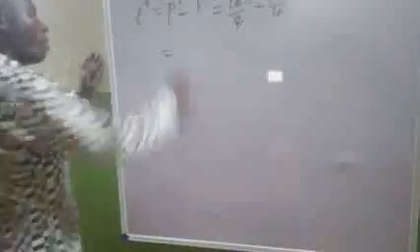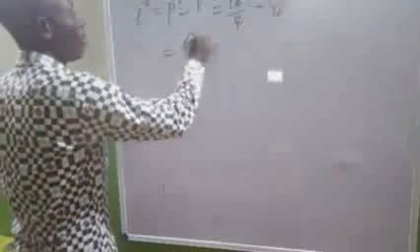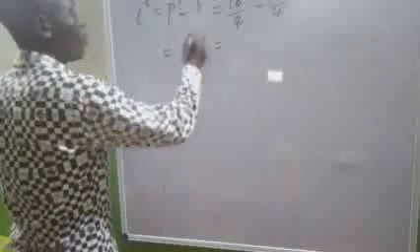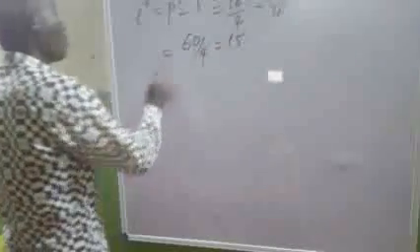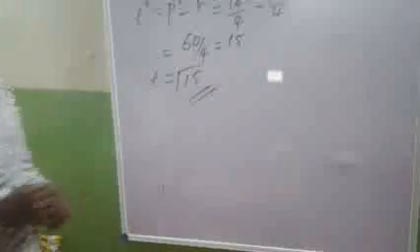So 181 minus 121 will give us 60 over 4. 60 divided by 4 is 15. So our t is the square root of 15. That will be the value of what? Of the length of the tangent to the curve.